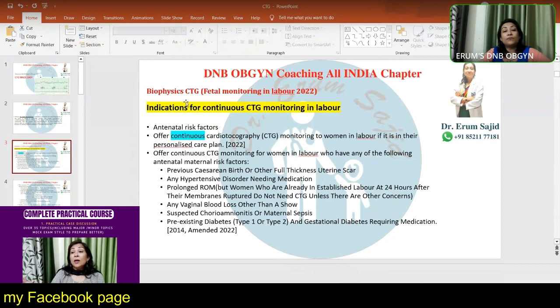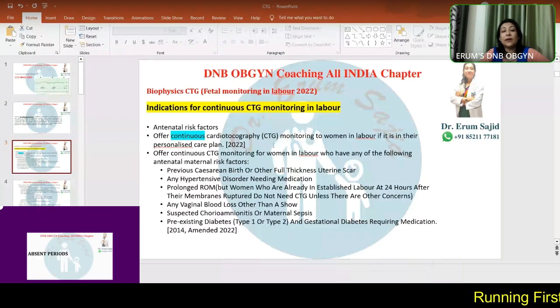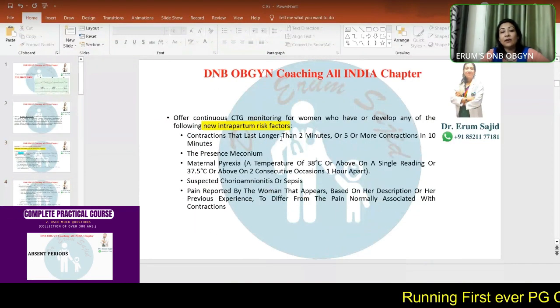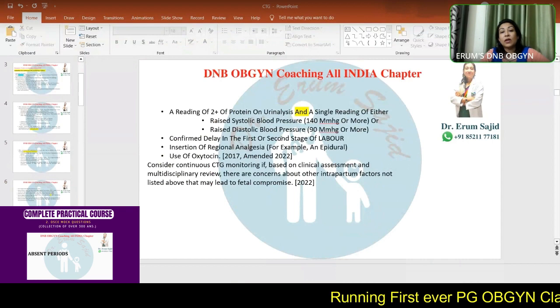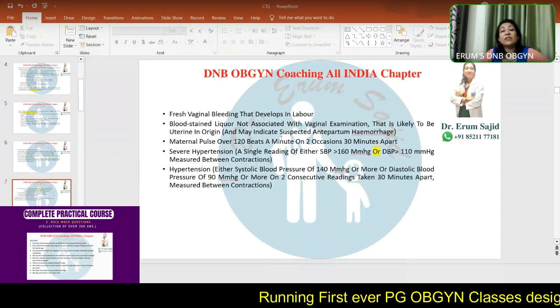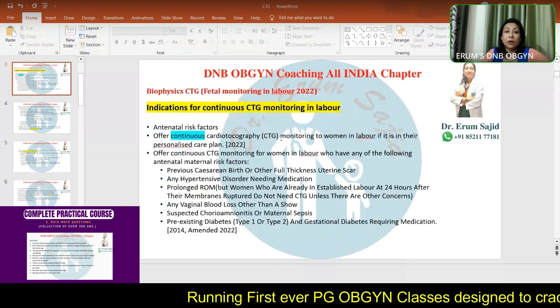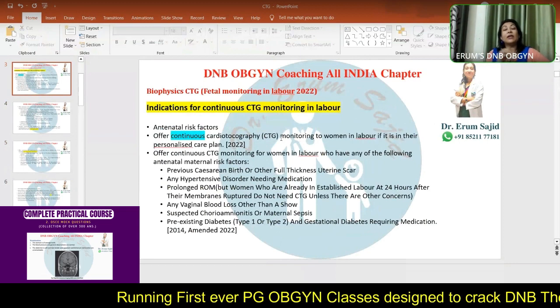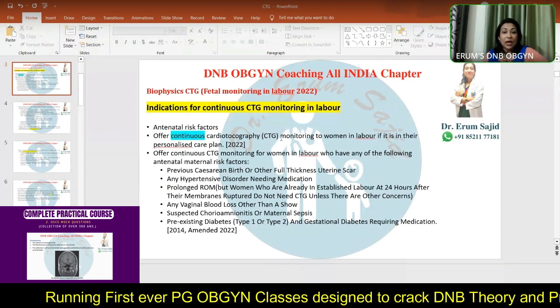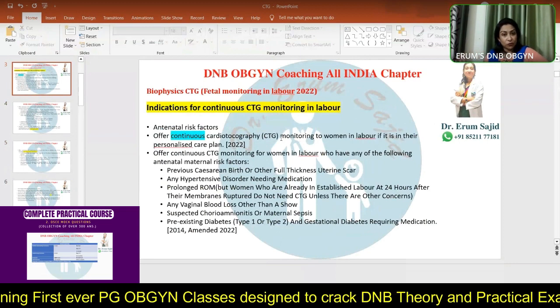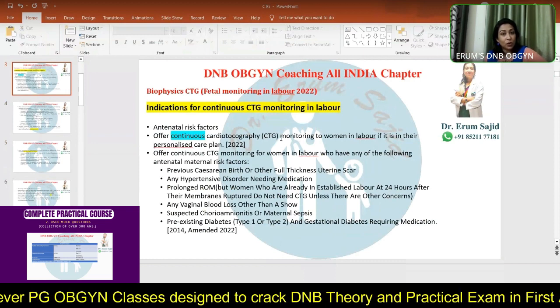So, indications for continuous CTG monitoring. Just look at this, okay? There are almost 5 slides, and how much am I going to remember? So I've made a very fundamental understanding for this: any condition that you've read so far in high risk obstetrics, you all know.